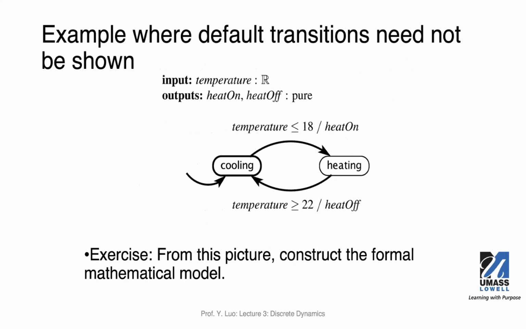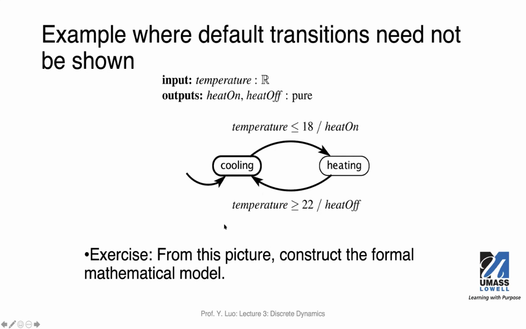So this is the example where the default transition doesn't have to be shown. It's similar to what we saw earlier, but it has fewer transitions because those are default transitions. You can use this example to construct the formal mathematical model.